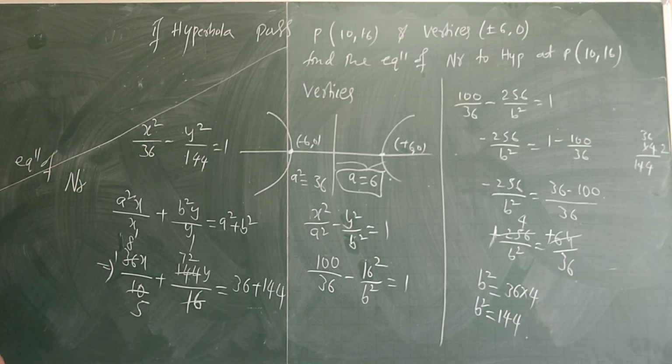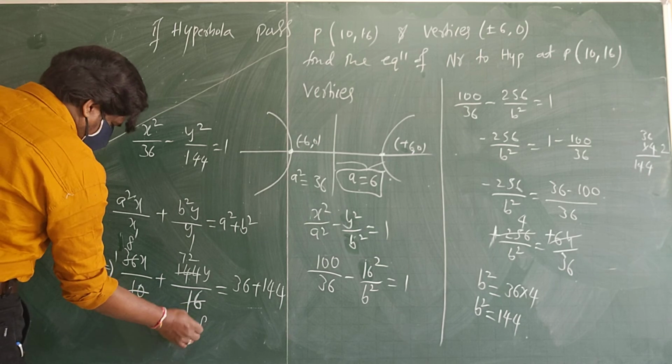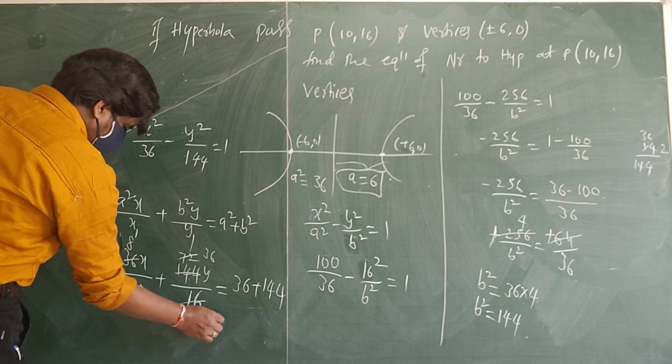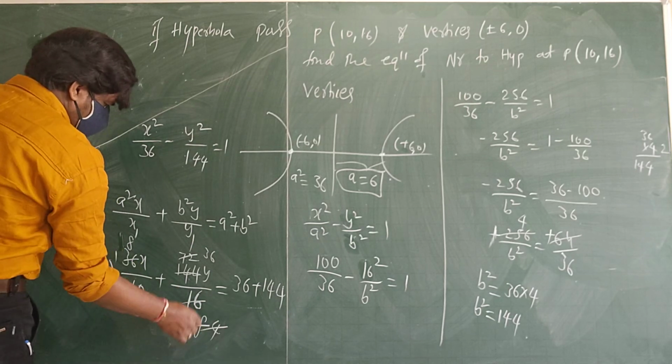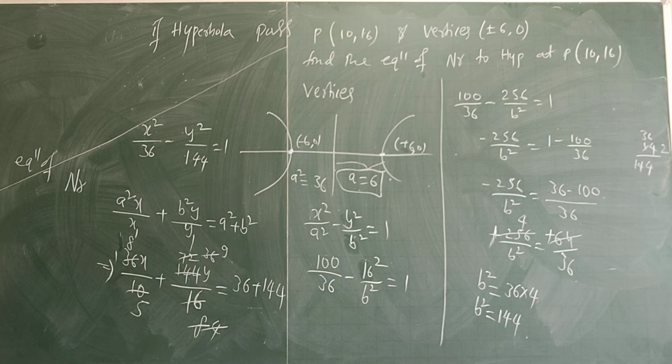Okay, fine, I thought 4 table. It will cancel 8 times, and here 36 times, 4 nines are 36.